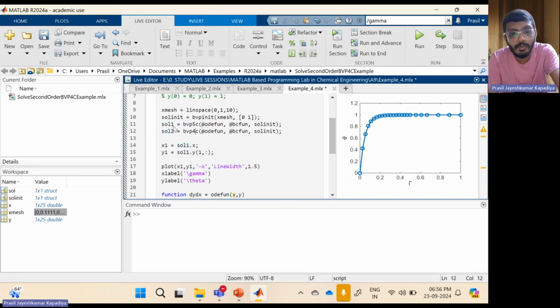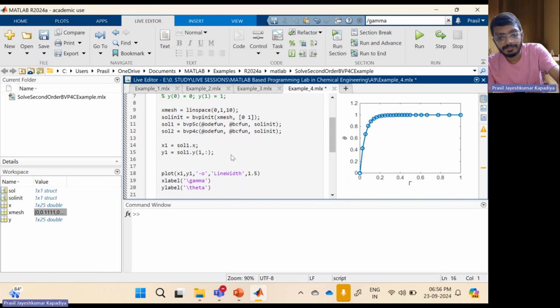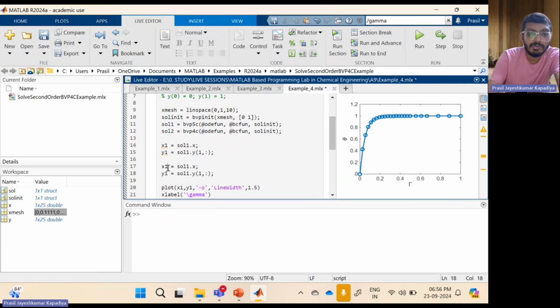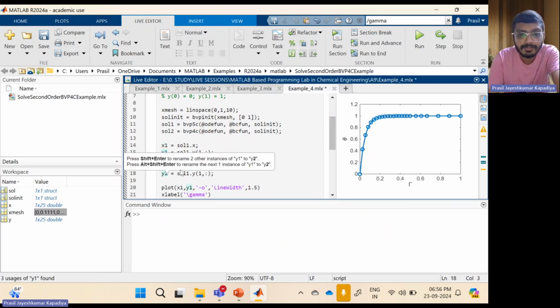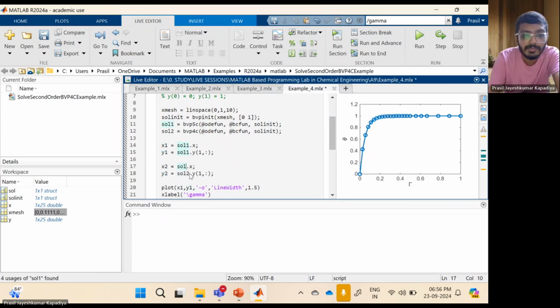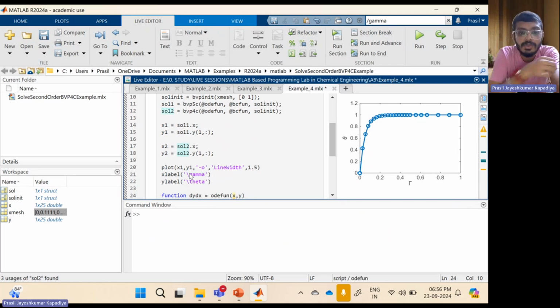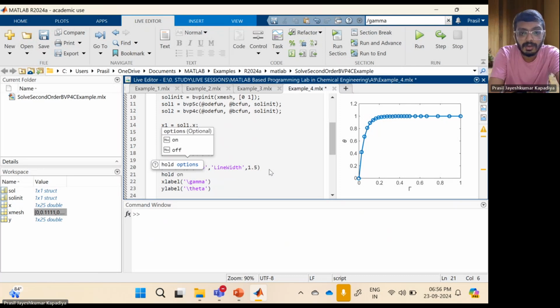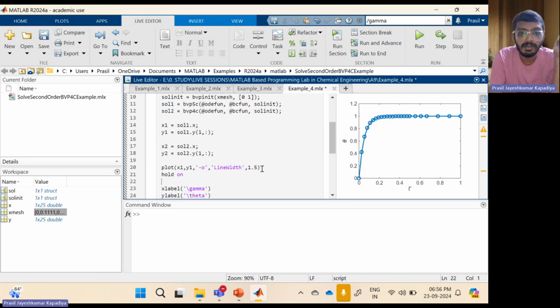I just want to compare how we are getting it. X1, X2 are not going to change. It is the same thing. So here I will be plotting two in one, so I will need to use the hold on command. X2, comma, Y2.